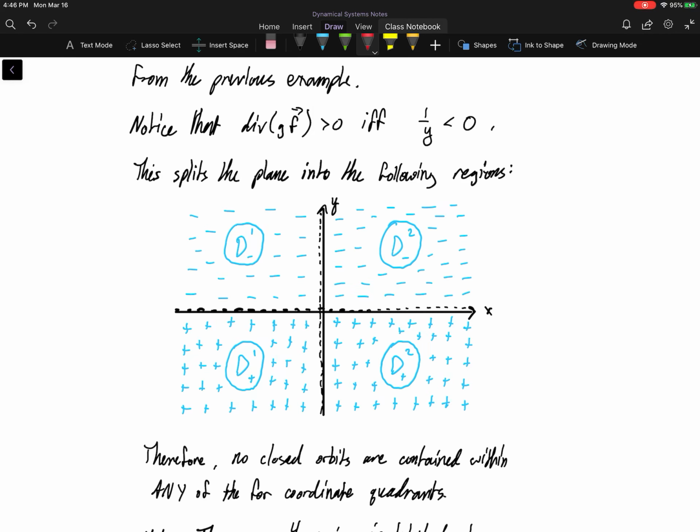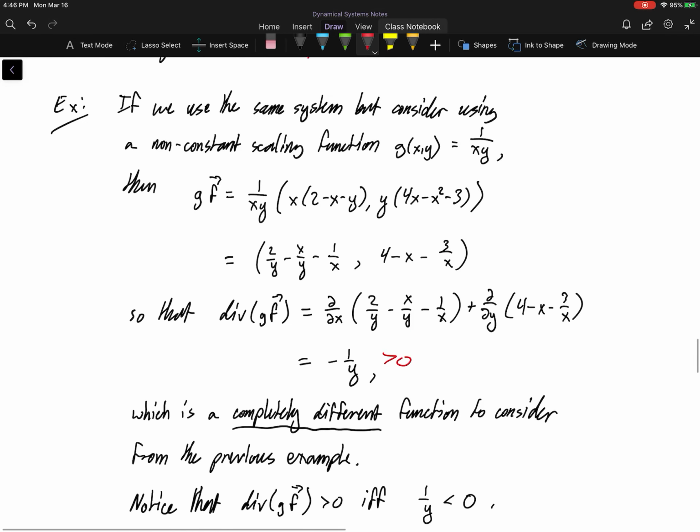Okay, so if y is less than 0, so if I'm sitting in the lower half plane, then I get a positive divergence. So I could rule out limit cycles in this entire half plane, but I do have to be careful because g itself was discontinuous across the coordinate axes, right? I can't let either x or y be 0 in this case.